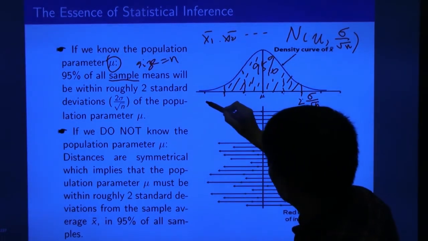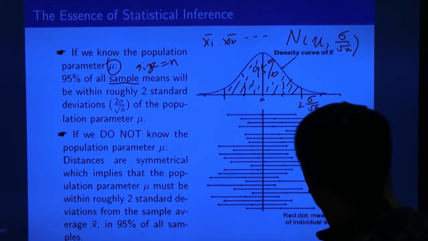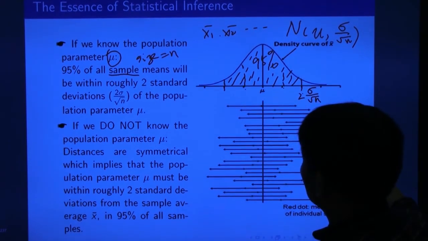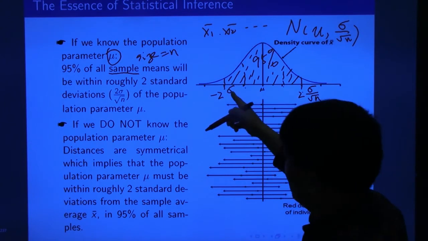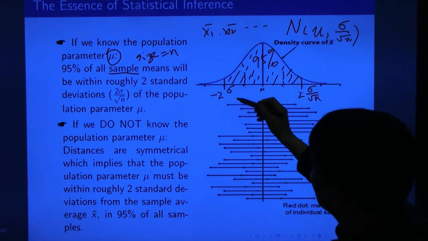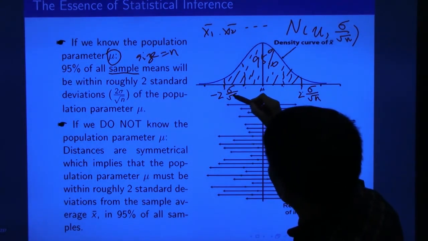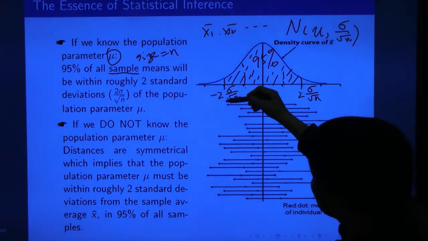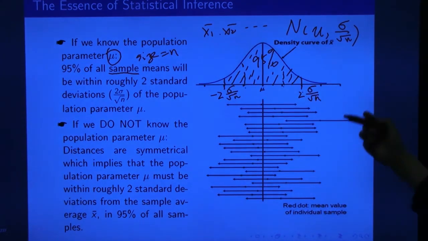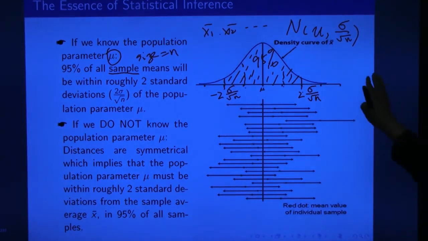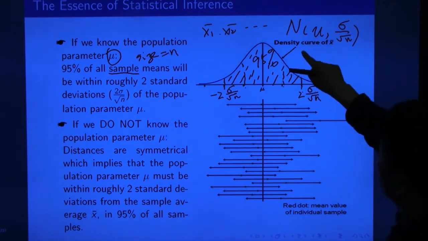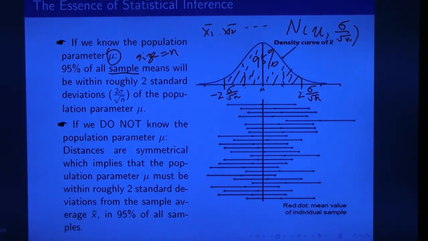And this one is negative 2 sigma, which is the population standard deviation divided by the square root of n. This sigma over square root of n gives us the standard deviation of the sampling distribution, and plus 2, minus 2, because this refers to the sampling distribution.